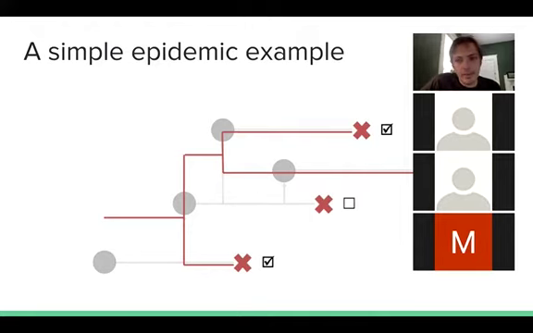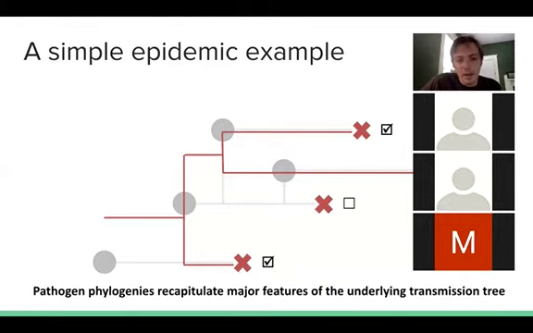Our fundamental insight here was that while the phylogenetic tree is an incomplete record of the true underlying transmission tree, it still retains some useful information, in that the phylogenetic tree still shows something about the relationships among sampled hosts in terms of who might have infected who. And it also captures information about the timing of particular transmission events.